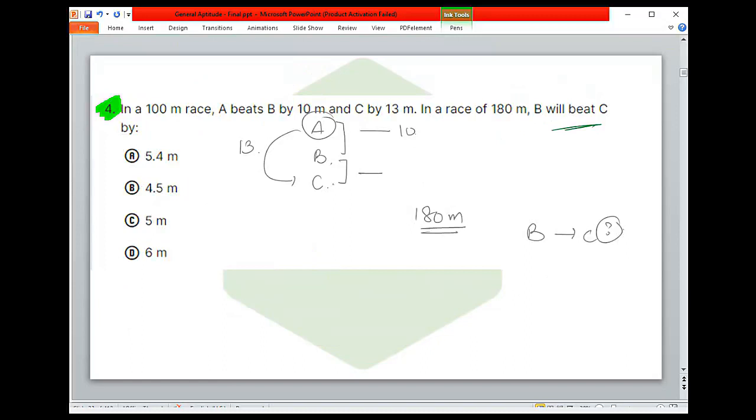That means D is the correct answer. First is the 100-meter race, from which I found the gap between B and C, and then I make B and C run for 180 meters and find the gap between them. Are you understanding this concept?